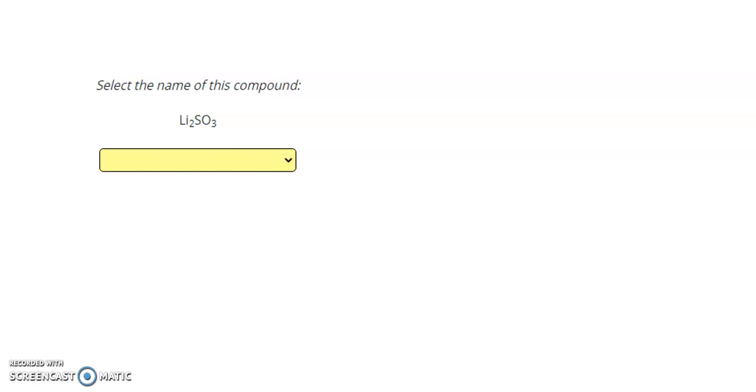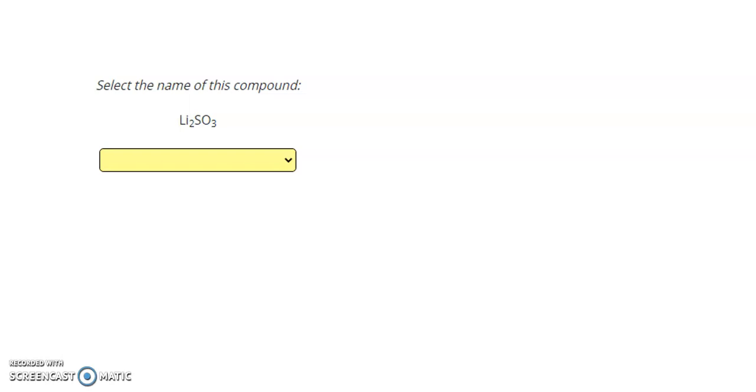Okay, so now let's figure out the name from a compound. So this is Li2SO3. All you need to do to write the name for this is take the name of the first thing, lithium, and the name of the second one, SO3, and you can figure out that's SO3 2-, and that's kind of reverse swap, drop, ignore.